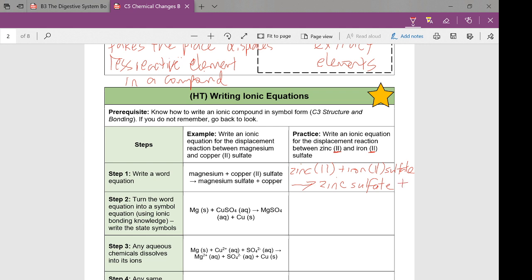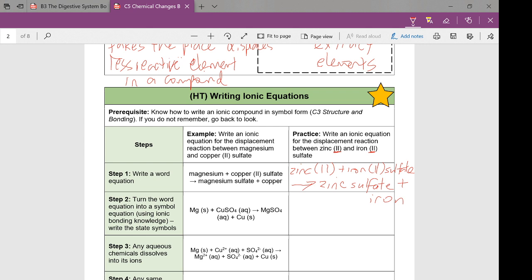And who gets left all on his own now? Write in the chat who gets left all on his own. Iron, very good. Yes.